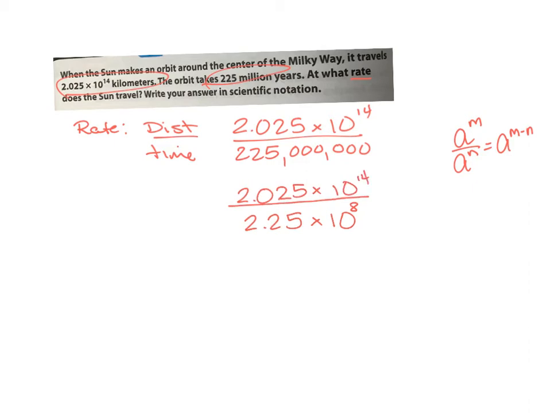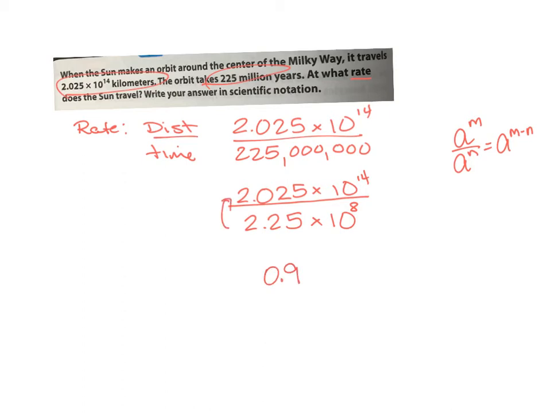And now, instead of dividing with all these crazy zeros that both of these would end up having, I'm just going to get my calculator out and divide 2.025 divided by 2.25. Calculate, and I am going to get 0.9. All right, so that's the division of that.